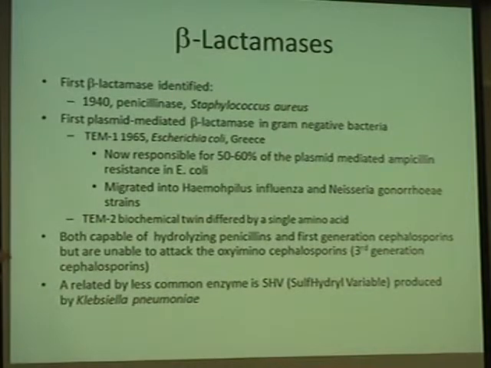So if you think back to our susceptibility pattern from initially, this might help. A related but less common enzyme is SHV, and they quit using patient names for these finally, so it's called the sulfhydryl variable, produced by Klebsiella pneumoniae.